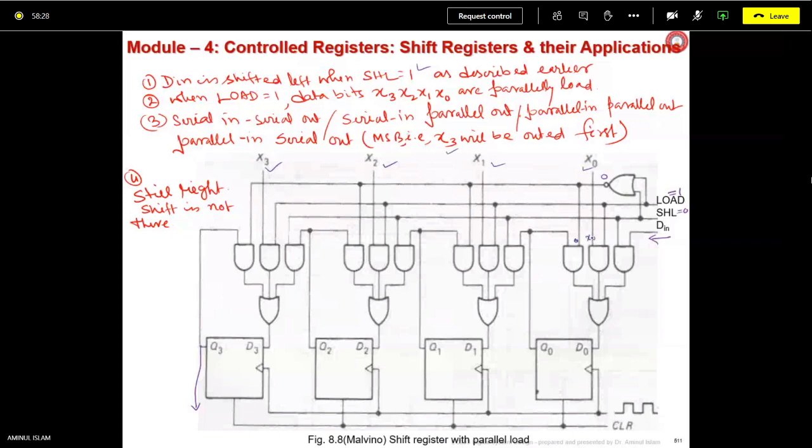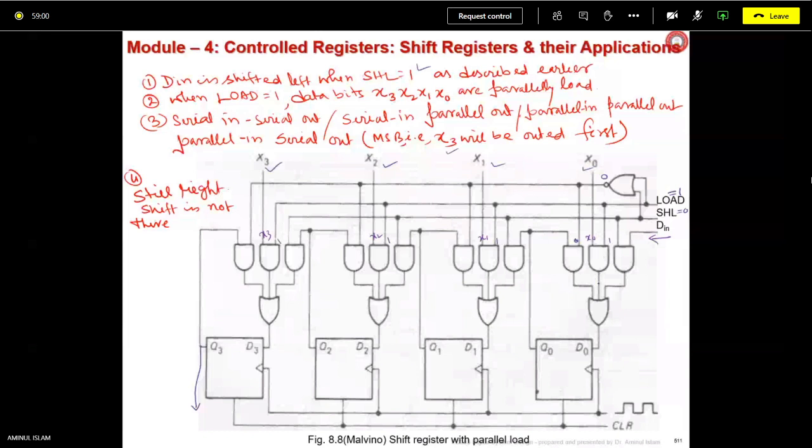This is x0, x1, x2, x3, and you have taken load equals 1. So this is 1. Okay. So everywhere it is 1. Now, it will be whatever x is.